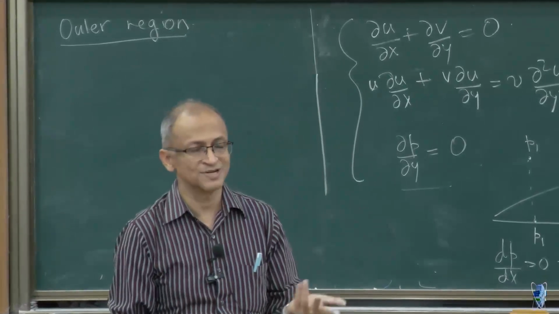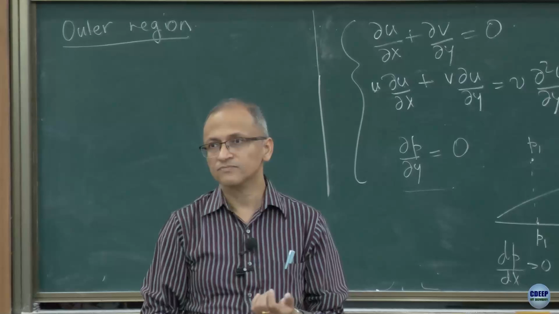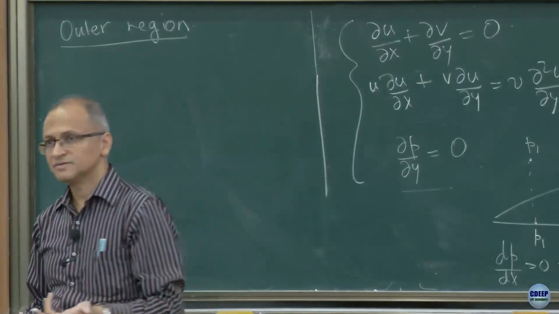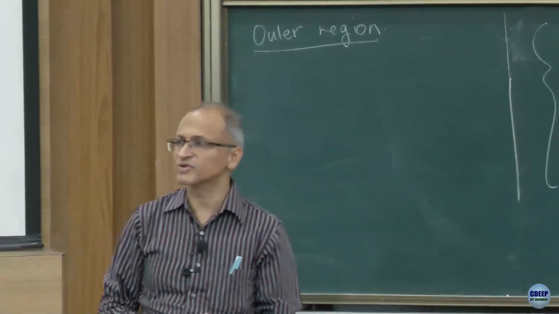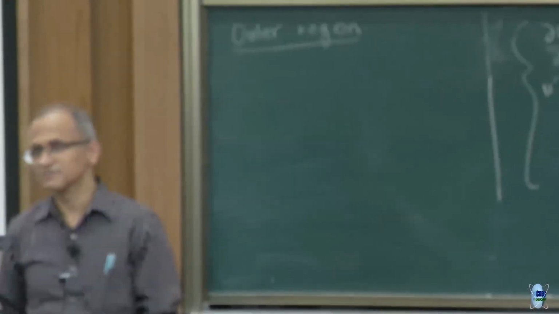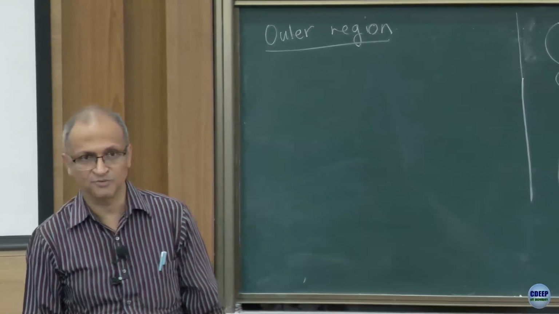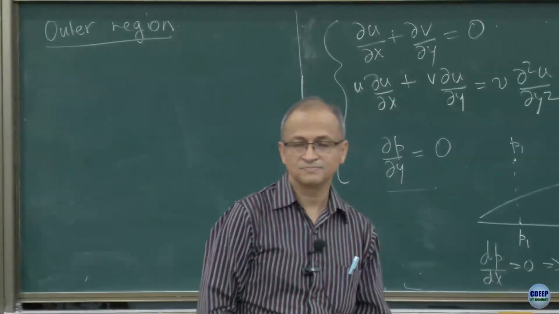We have already said it so many times. If the velocity gradients are 0, then there is no vorticity. It's an irrotational flow, and irrotational flows are inviscid. Nice result that we have already showed you. It's an incompressible flow, and it is irrotational, so it is inviscid, right?